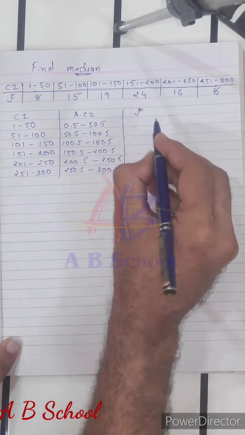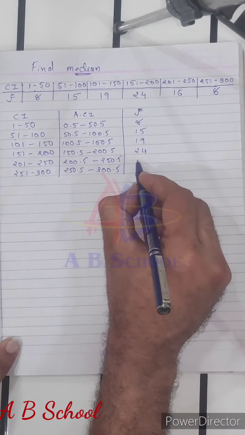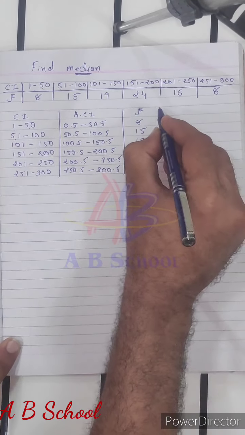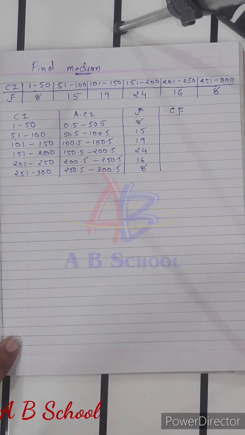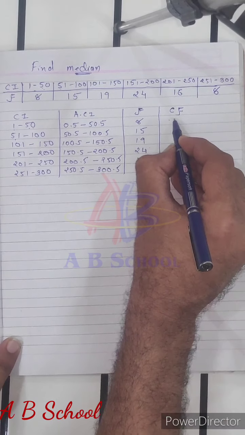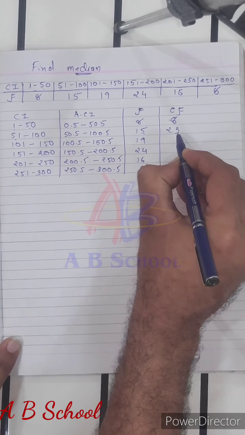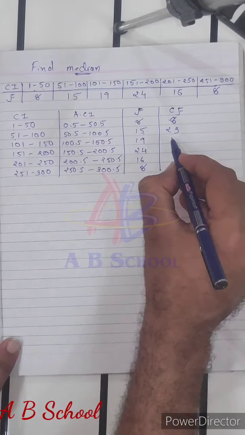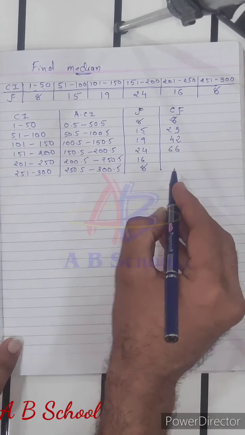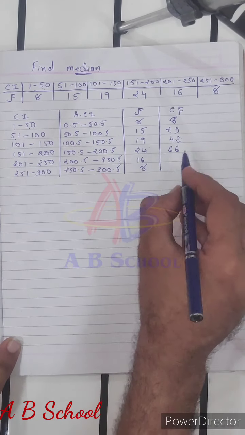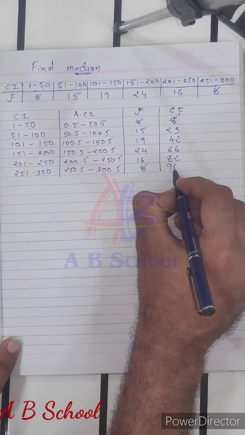Let me write the frequency: 8, 15, 19, 24, 16 and 8. I have to go for the cumulative frequency. First cumulative frequency is 8. 8 plus 15, 23. 23 plus 19, 42. 42 plus 24, 66. 66 plus 16, 82. 82 plus 8, that is 90.